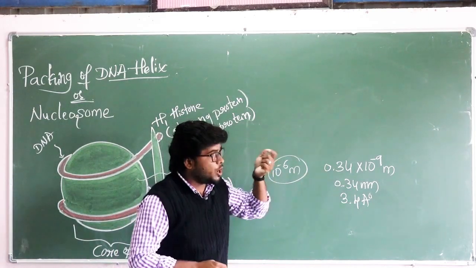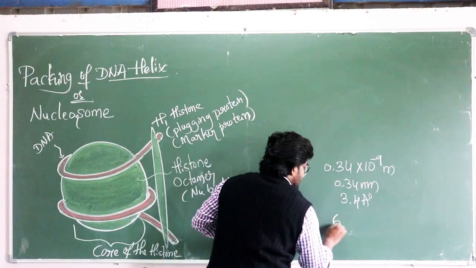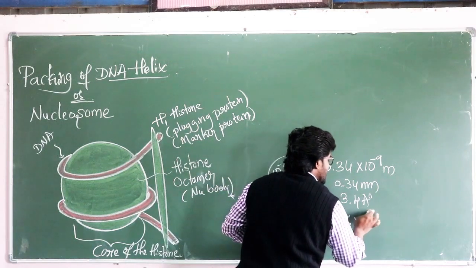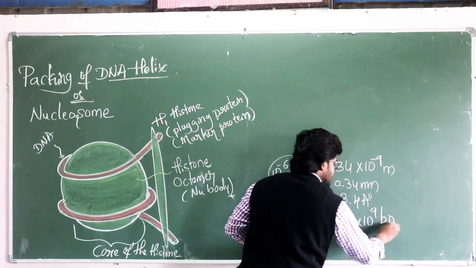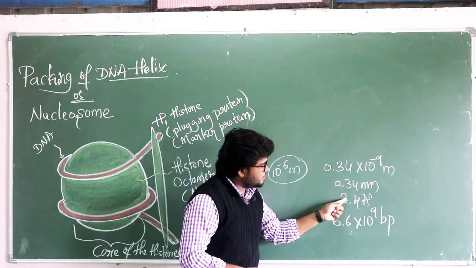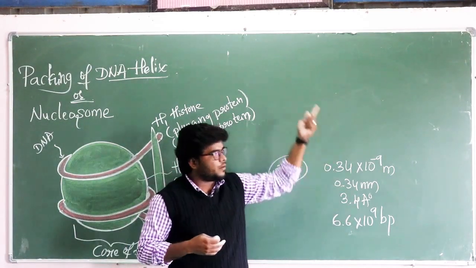And the number of base pairs in the double helix structure of DNA is 6.6 into 10 to the power 9 base pairs. The distance between each consecutive base pair is this much, and there are about 6.6 into 10 to the power 9 base pairs.